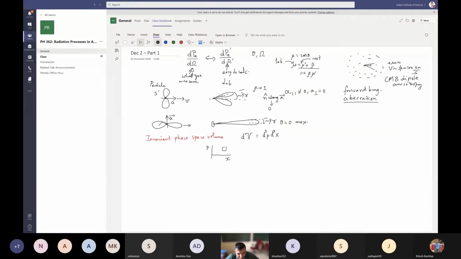If you consider a small volume in phase space, you sometimes deal with things like a distribution function such that f d3p d3x is the number of particles in this phase space volume. So this phase space volume is very important for a lot of considerations.